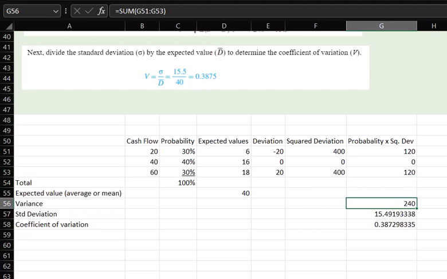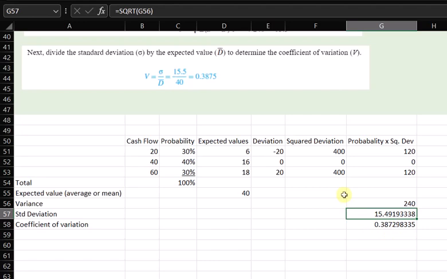Okay, and our formula is the standard deviation divided by the mean. So I'm not even sure we need that 240, but wanted to show that. Actually, we do need this. We need the variance to calculate the standard deviation.